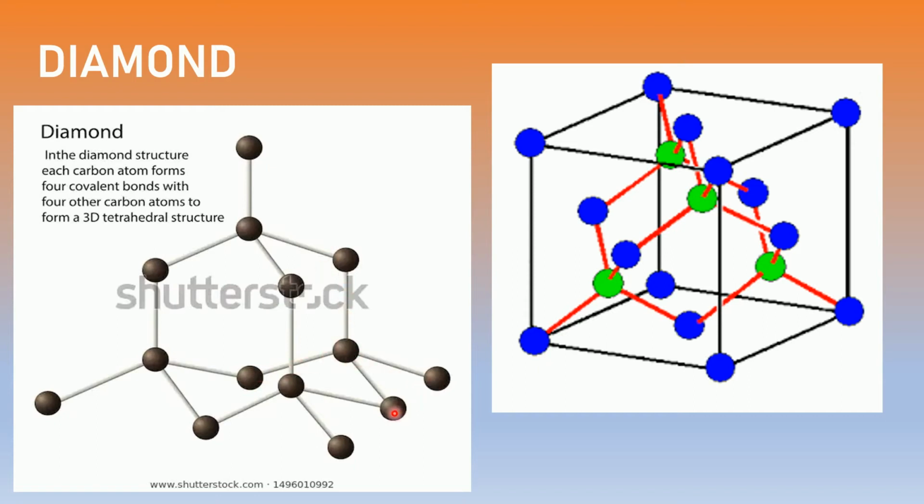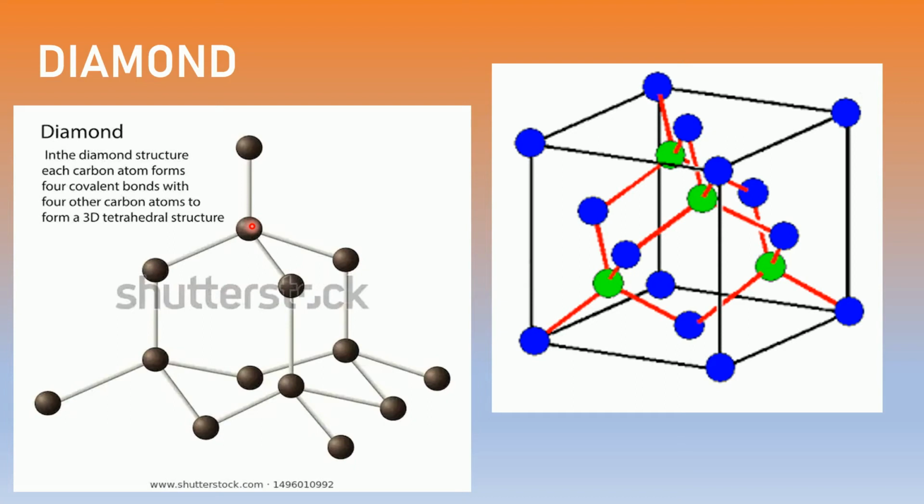Now this tetrahedral structure will give rise to a cage-like pattern. Here, if you view, children, one carbon is linked to 4 other carbons. Since one electron is shared between 2 carbons, what kind of bond is it? A single bond. That means the electrons are satisfied. Am I clear, children? Because of this complex structure, diamond is hard by nature.